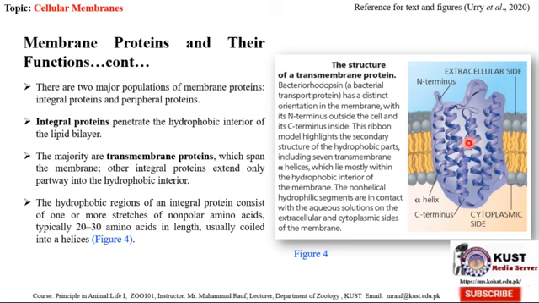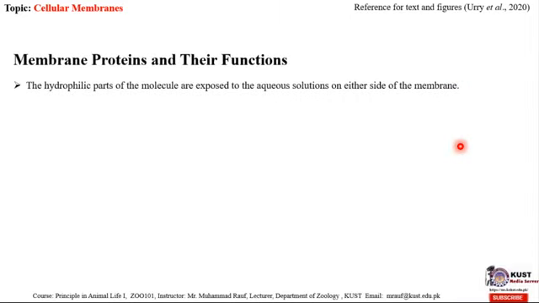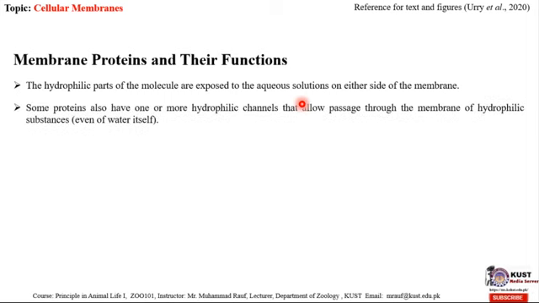This portion is composed of 20 to 30 amino acids, and these amino acids are non-polar or hydrophobic. Now, the hydrophilic parts of the molecule are exposed to the aqueous solutions both inside and outside. Some proteins also have one or more hydrophilic channels, which we have talked about a while ago, through which the movement of hydrophilic substances takes place.